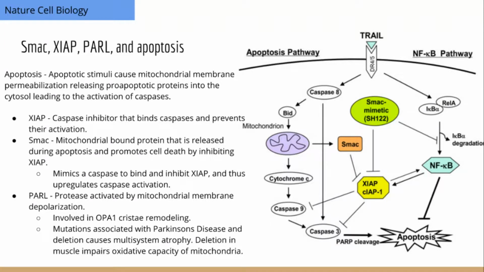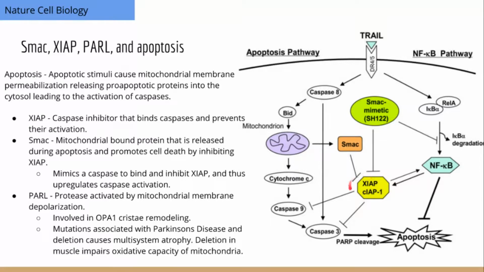And its mutations in mice cause a multi-system atrophy. So basically, the entire body just begins to degenerate. So PARL is critical for an organism's survival, and it's also critical for mitochondrial function because when it's knocked out, the oxidative capacity of the mitochondria just plummets. And we'll find out in this paper that PARL is also vital for the induction of apoptosis.